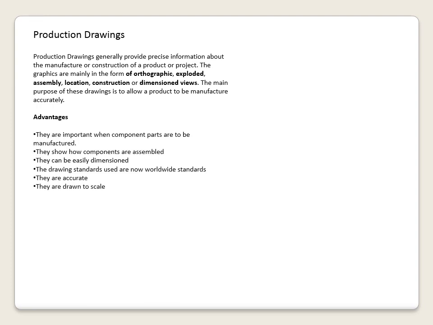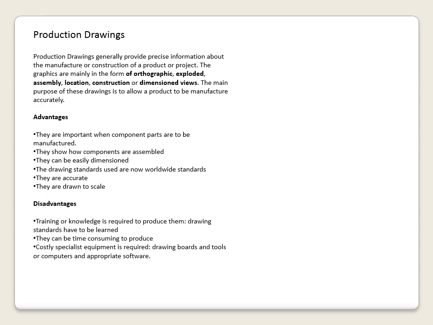Again, there are many advantages of production drawing. They are important when component parts are to be manufactured. As we said, they allow it to be manufactured accurately. They show how components are assembled. They can be easily dimensioned. The drawing standards used are now worldwide standards. They are accurate and they are drawn to a scale.